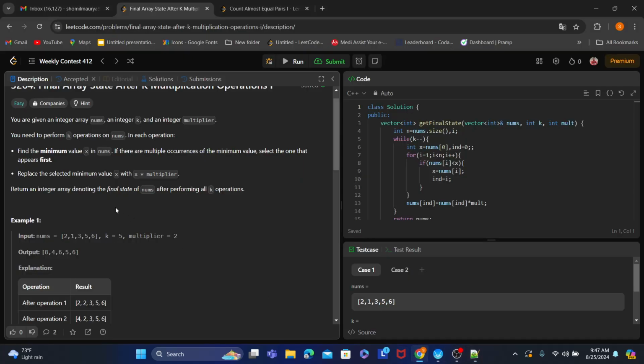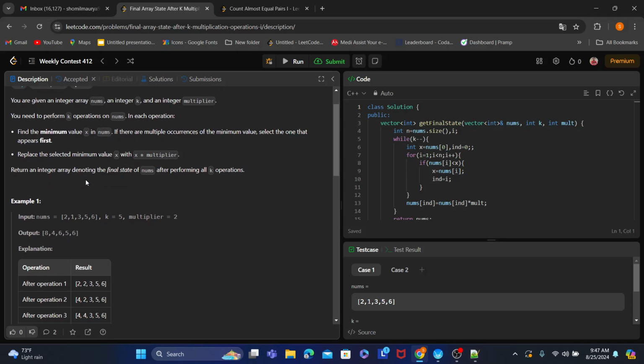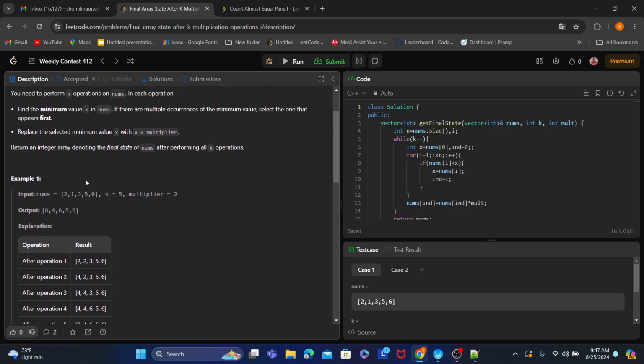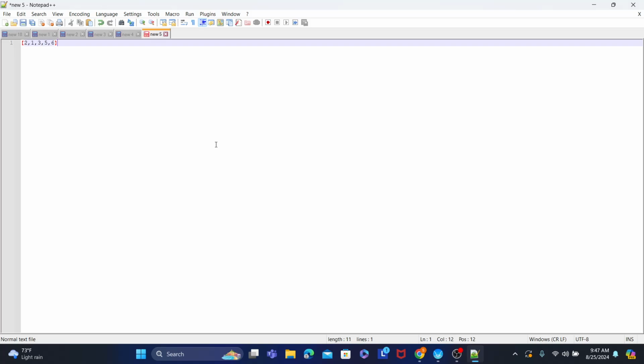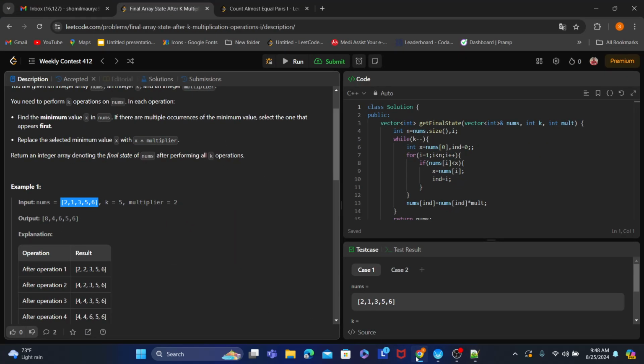So the question says you are given an integer array nums, an integer k, and a multiplier. Then replace the selected value with the multiplier times the value. So you are given one integer k, the value of k is 5, and one multiplier which is 2.